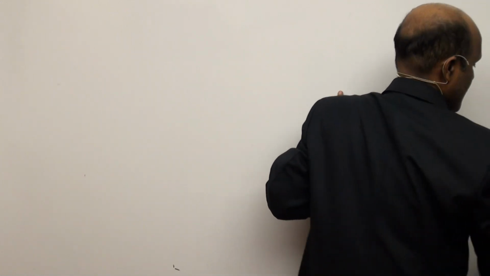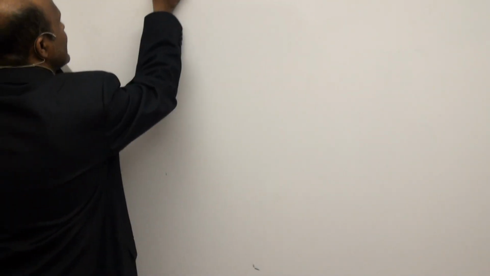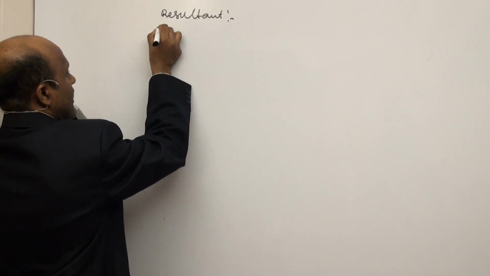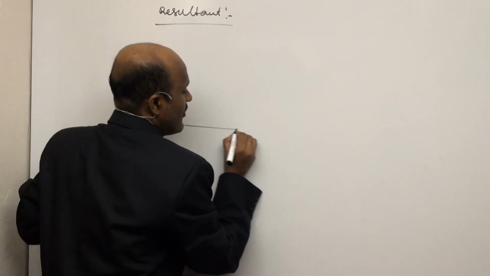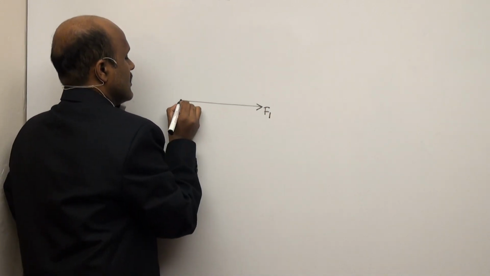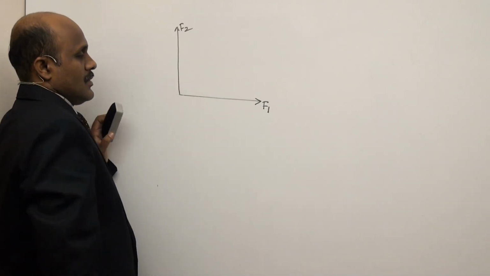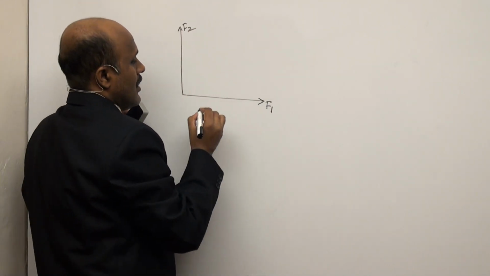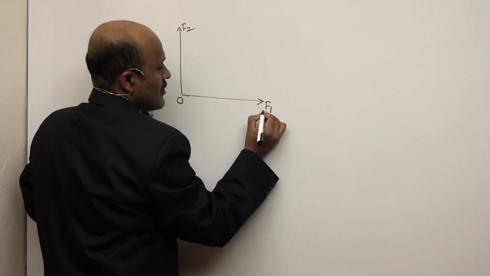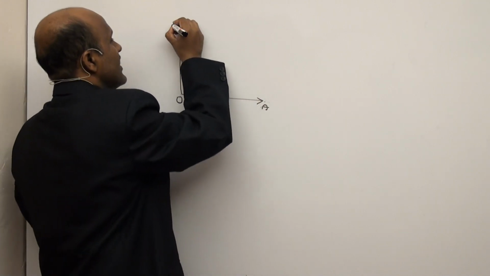Suppose, for how to find the resultant of coplanar concurrent forces, one force is acting here, this is F1, and there is another force, F2. I will draw a parallel line. Here is O, here is A, this is force F1, OA, here is B. The magnitudes are F1 newtons and F2 newtons.